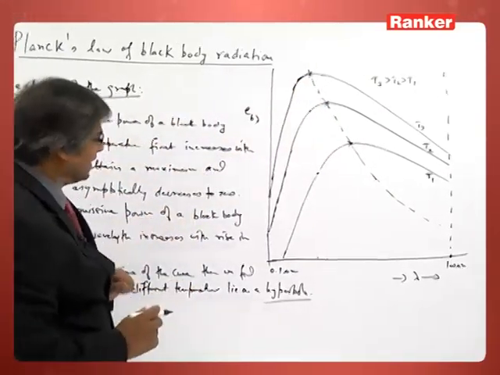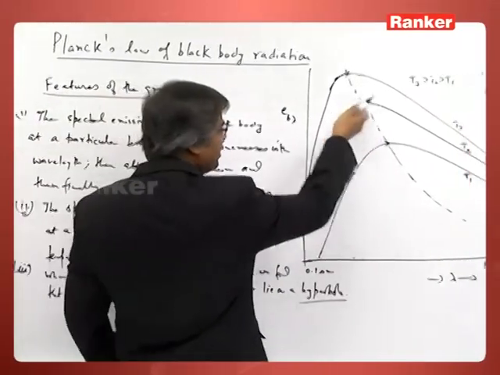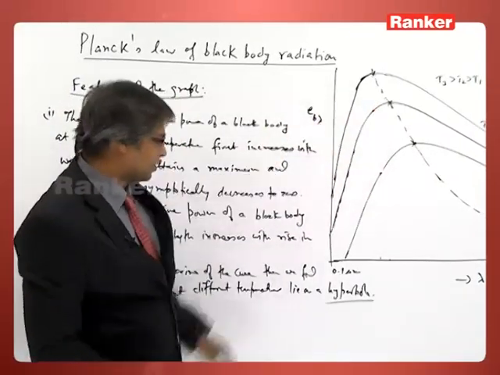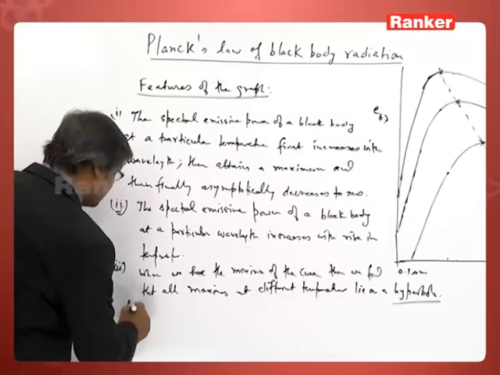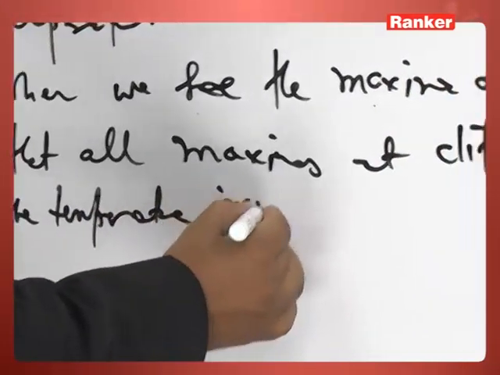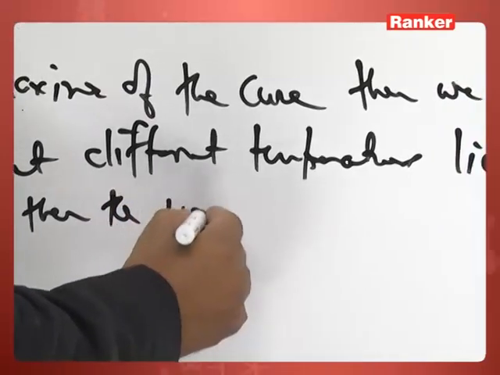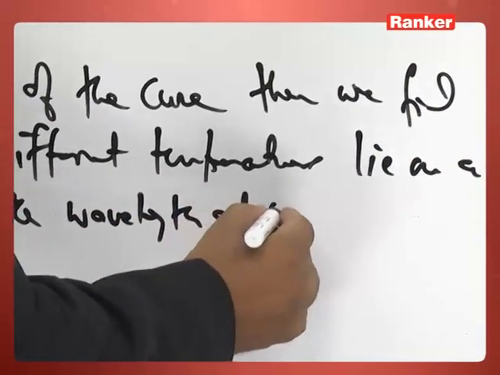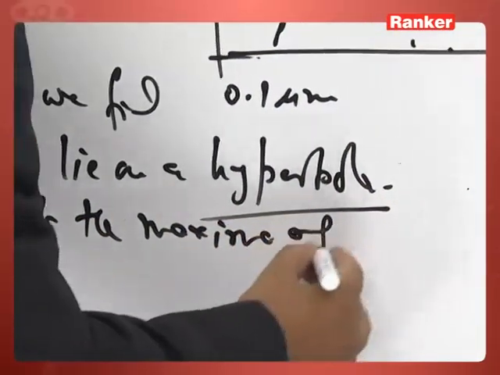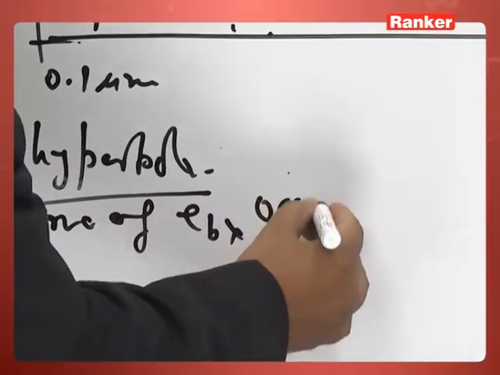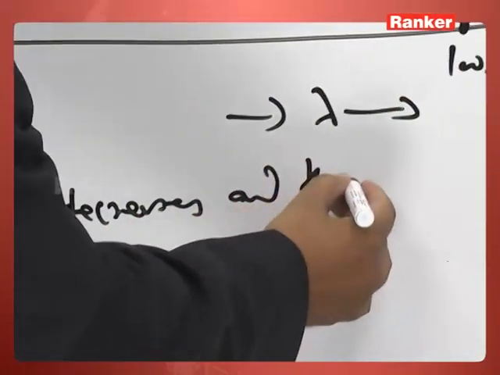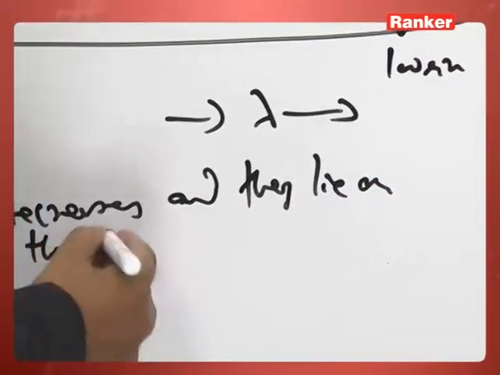Thus, we see that as the temperature increases, the wavelength at which the maxima of E_bλ occurs decreases, and they lie on the hyperbola.